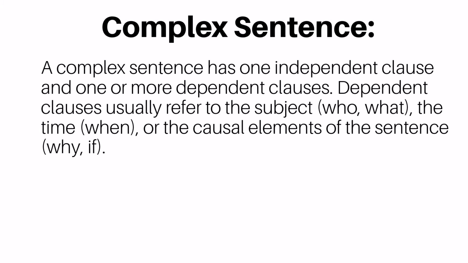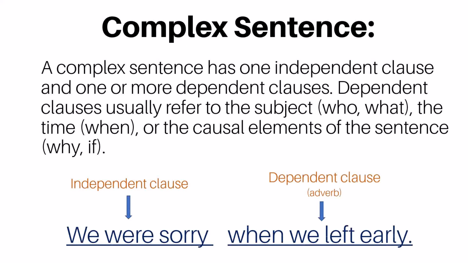For your understanding, here is an example. Independent clause first, I've written there: we were sorry. Dependent clause is there: when we left early. So we have used here 'when' as a subordinating conjunction. So this is called a complex sentence.